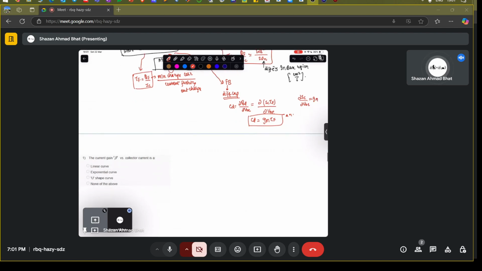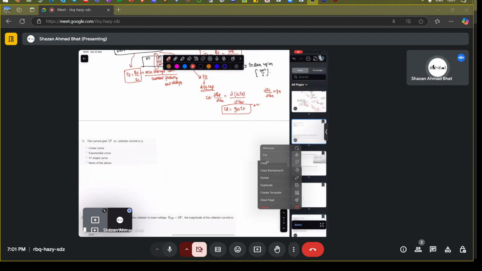This diffusion capacitance can reduce the cutoff frequency of a transistor, and it can be a killer, and it can be huge. Okay. So in the base region, let me take another page.